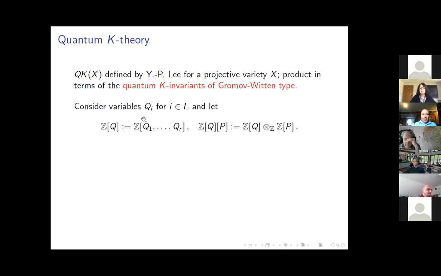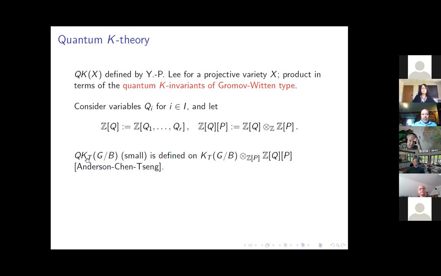Its structure is defined by first taking the polynomial algebra, of course, I'm going to talk for the finite flag variety. So here you need quantum parameters Q1 through QR, and then the group algebra of the weight lattice over this polynomial ring.